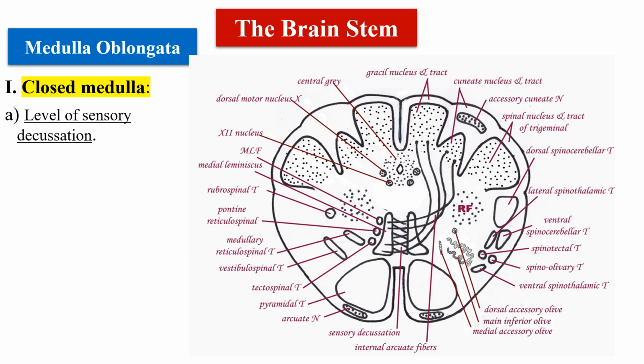So what are the characteristic features of the closed medulla at sensory decussation? Number one, I look at the gracile and cuneate nuclei. When they are well developed and reach near the end of the medulla oblongata boundary, this is closed medulla sensory decussation. What other features? Internal arcuate fibers, which pass to make sensory decussation. This is a very important feature at this level.